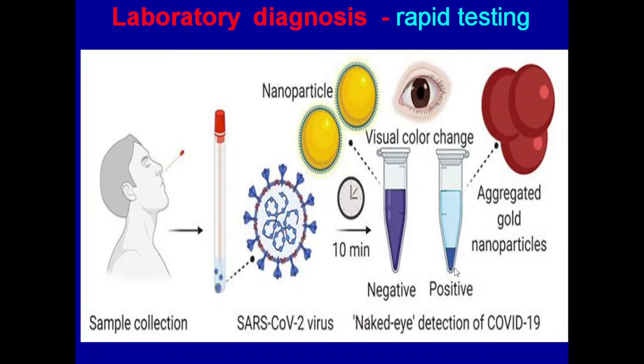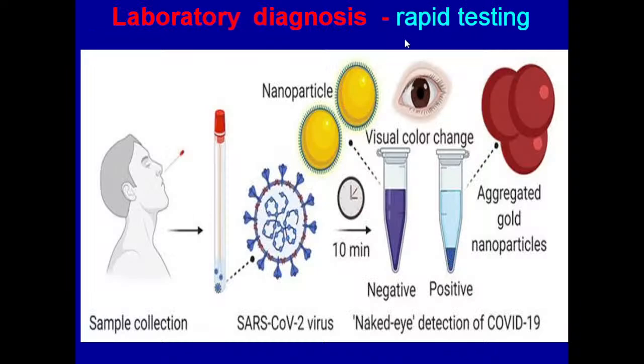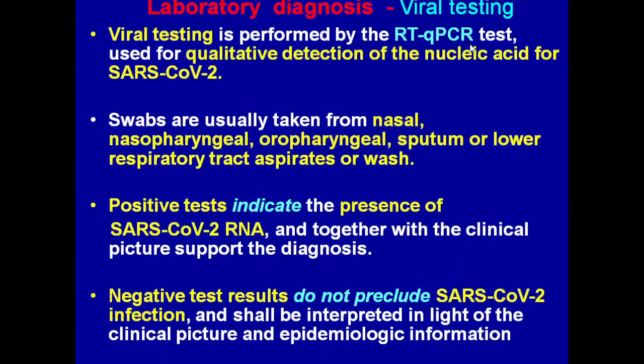When we see the aggregated, these are gold nanoparticles. If we see it aggregated, then the reaction is positive and it can be seen by a naked eye. My dears, now we have a lot of this kind of testing. But that is not laboratory diagnosis, because really it can be performed not in the laboratory, right? So I would say this is pre-lab diagnosis.